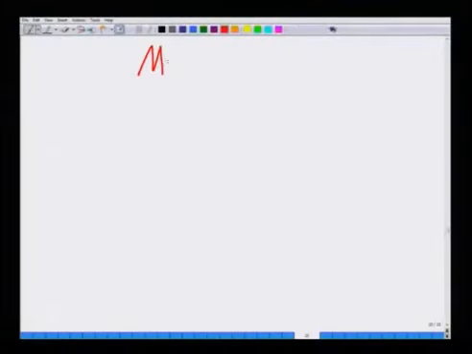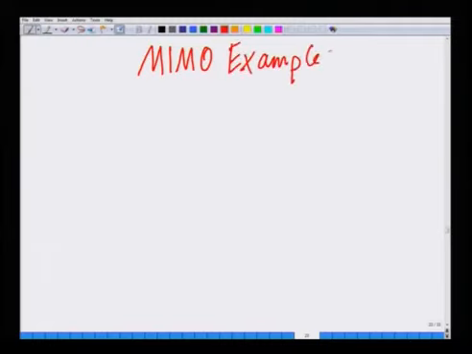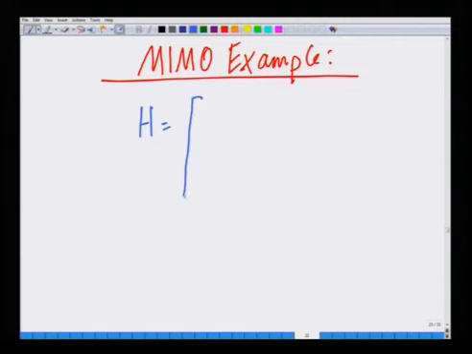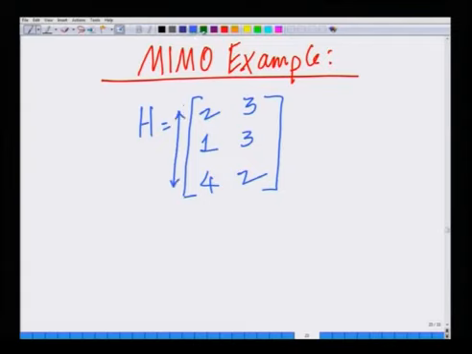So, let us do a MIMO example. So, I want to consider a MIMO channel which is given as follows, which is given as [2 1; 4 3; 3 2]. All right, this is my MIMO channel. And we can see that this is 3 rows and 2 columns.